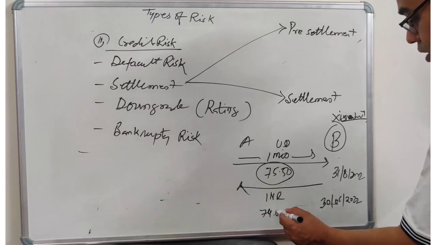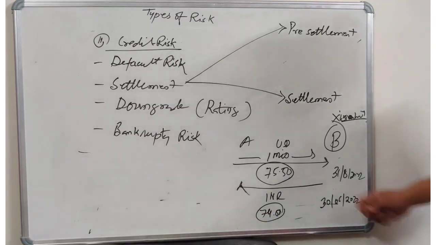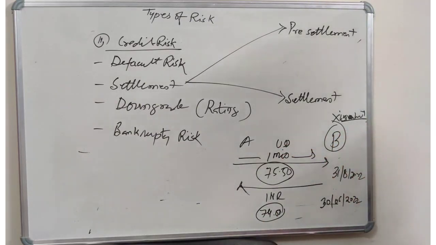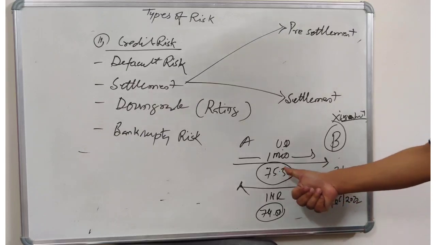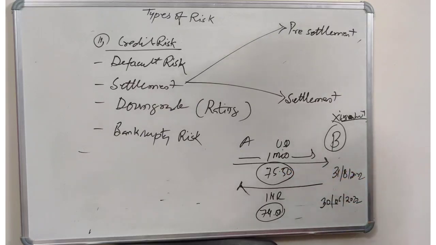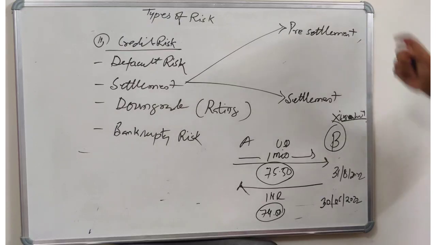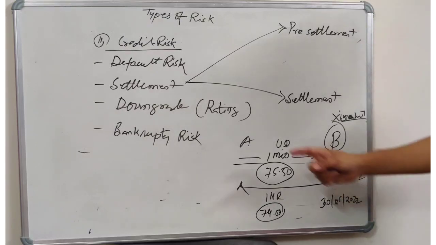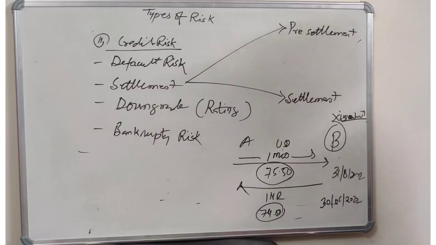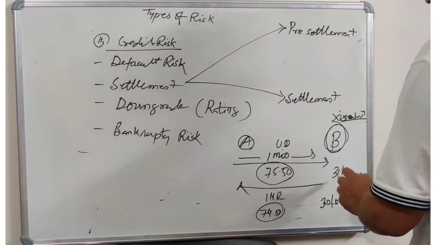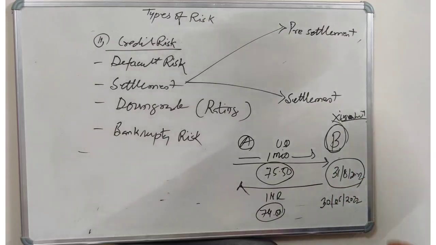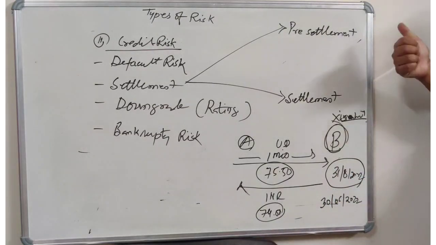Now the current exchange rate is 74. So party A now has to make a new contract where the rate will be 74. It means that they have lost 1.5 rupees per dollar because party B has become insolvent. So this is the pre-settlement risk both these parties carry. Even A can become insolvent or B can become insolvent before the maturity of the contract. So this is the pre-settlement risk.